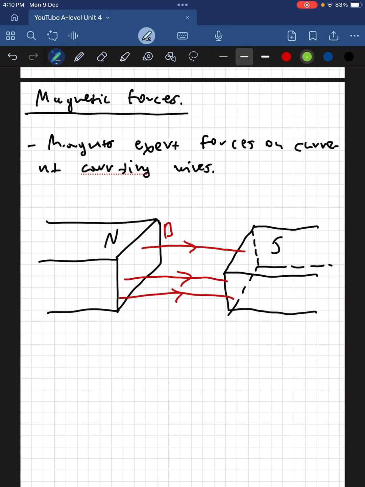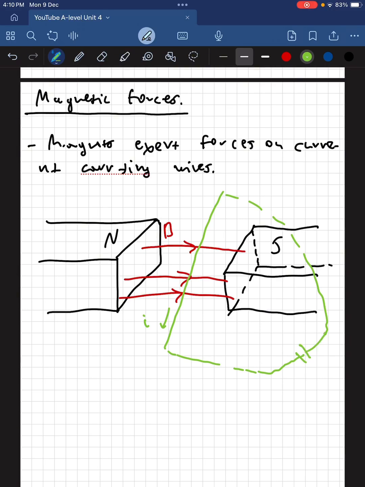Now assume that perpendicular to this B, there is a current. There is a wire that carries some current I. And this is the current I. So assume that this closes to infinity, and there is some battery that creates this current.